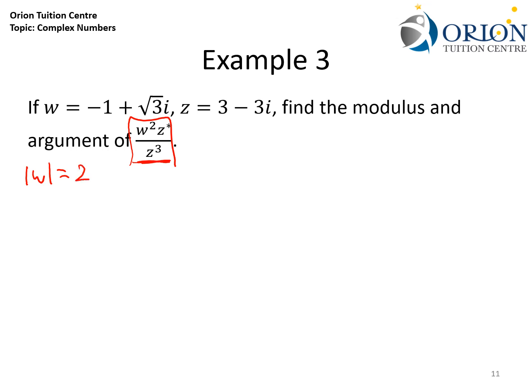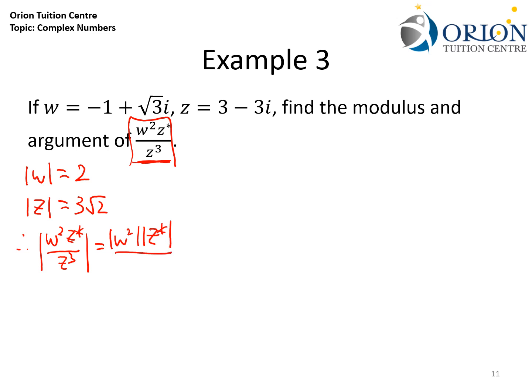Mod w will be equal to square root of negative 1 squared plus square root 3 squared, which gives us a 2. Mod of z will be equal to 3 square root 2, and therefore mod of w squared z star over z cubed is the same as mod of w squared mod of z star over mod of z cubed, which is the same as mod w squared mod z over mod z cubed.